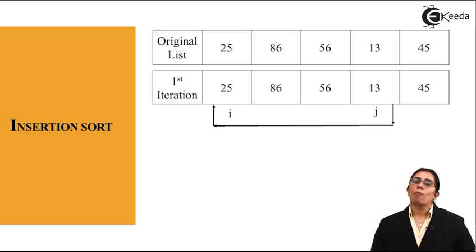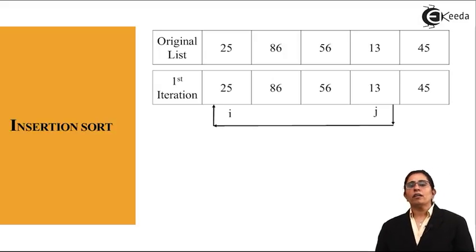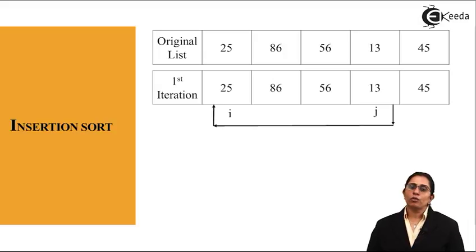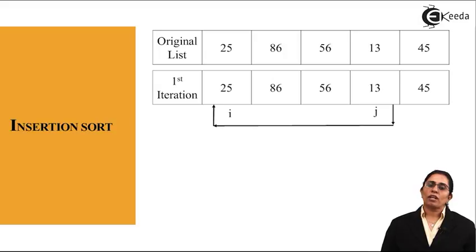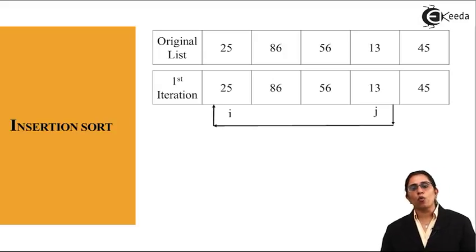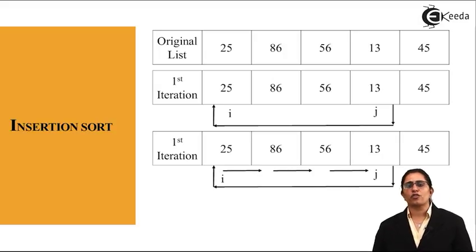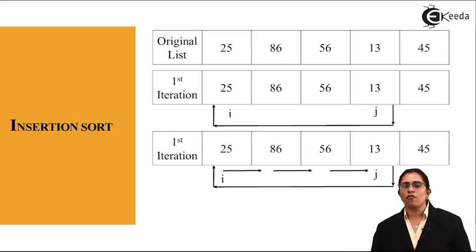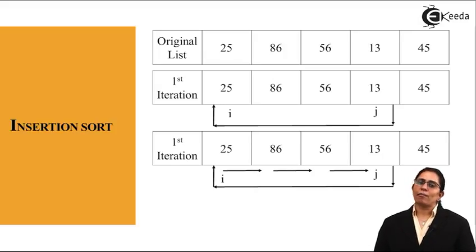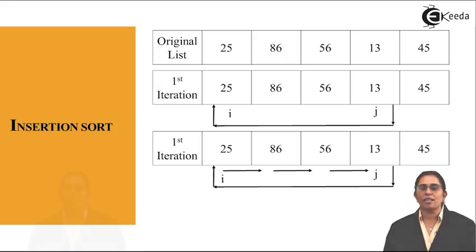So all my other cards will be shifted to their respective positions, that is, one position to the right. Now what will we do? We don't have a deck of cards, we have arrays. So what are we supposed to do? We are supposed to move the element 13 to the location of 25, 25 to the location of 86, 86 to the location of 56 and 56 to the location of 13. This is how it will be done. The actual algorithm implementation we will see in some time.